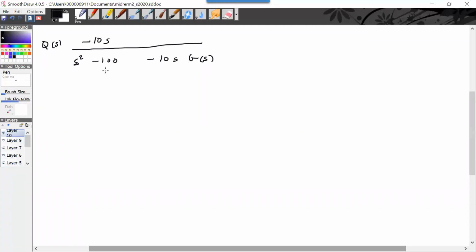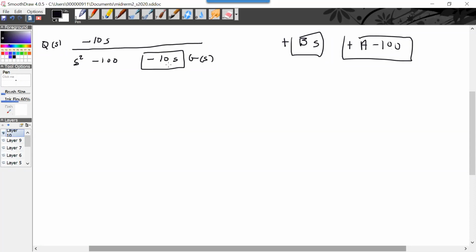I need some positive number times S, and I need some positive number with this greater than that, so that this becomes positive and that adds that S term. So I have to pick a G of S that makes that happen.